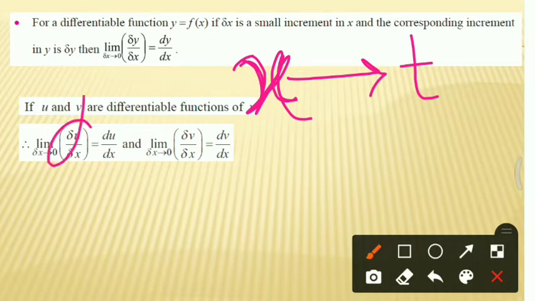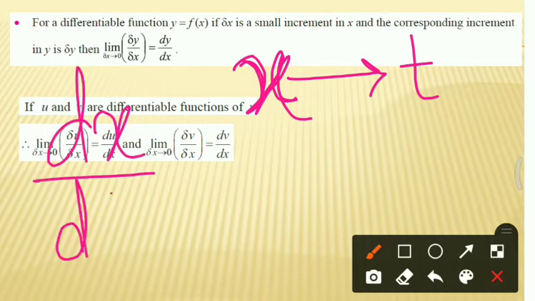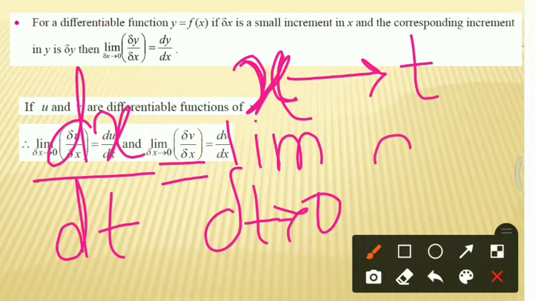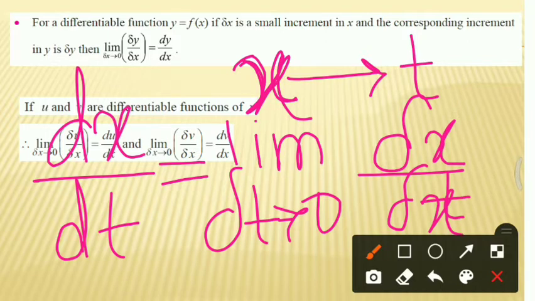That means derivative of x with respect to t exists, and by using Leibniz notation we can write this as limit delta t tends to 0 delta x divided by delta t. This is the definition when the variable x is a differentiable function of t. So these are the meanings of differentiable functions of one variable with respect to another variable.